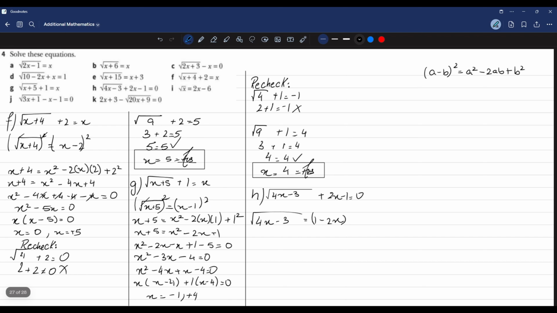Again, square on both sides to simplify our equation and make it solvable. So 4x minus 3 is equal to a squared minus 2 multiplied by a multiplied by b plus b squared, which is 2x whole squared. 4x minus 3 is equal to, simplify this, 1 minus 4x plus 4x squared.